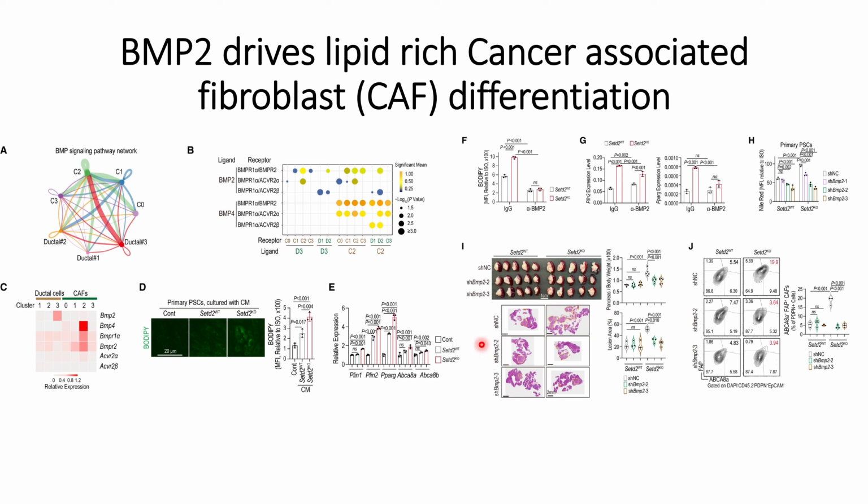And similar things they have shown in the H&E staining, where we can see that when they use silencing BMP2, compared to the control case, there is not much increase in the weight or lesion tumor affected area, whereas in the case of SETD2 knockdown cells, they see a decrease in the area.